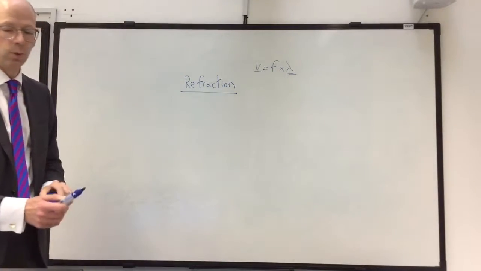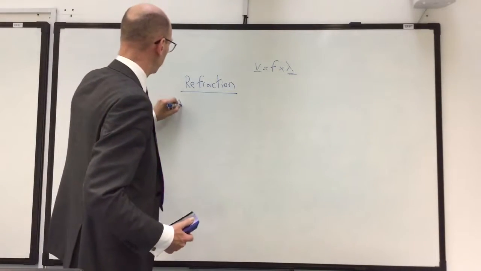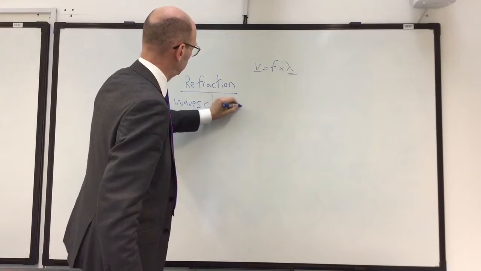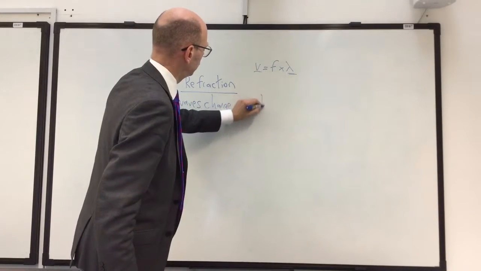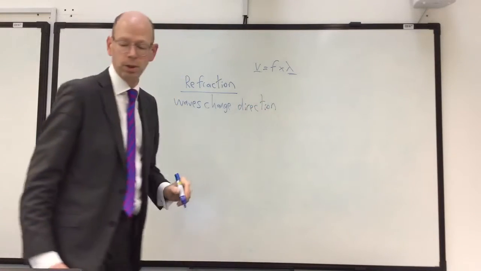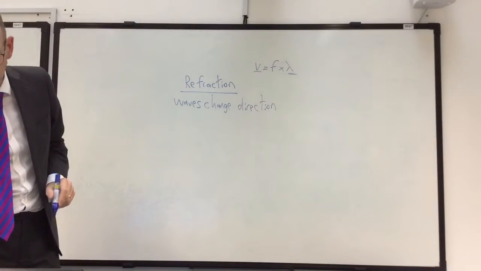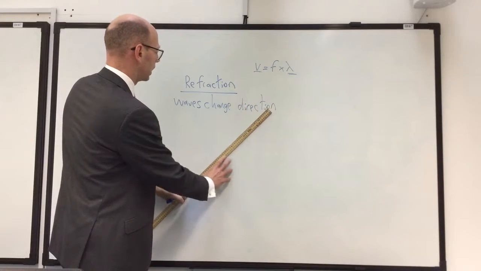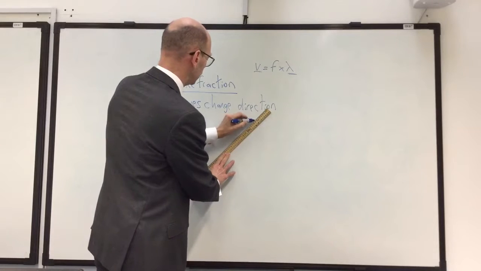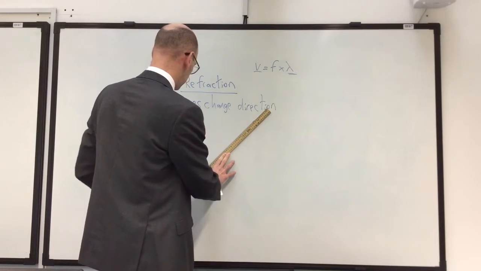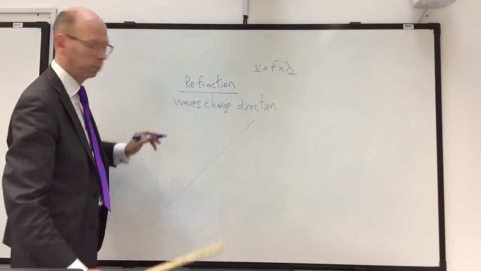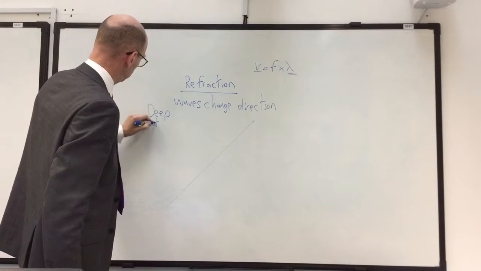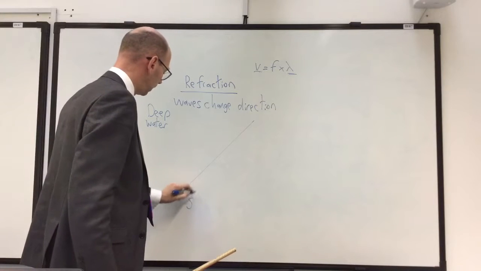Refraction means that the waves change direction. Okay, how does this happen? Well, we basically get this when the waves go from, say, deep to shallow water, and I'm going to draw a line across there. I'm going to have, say, my deep water up here, and my shallow water down here.